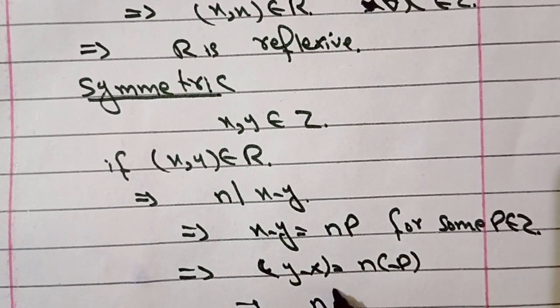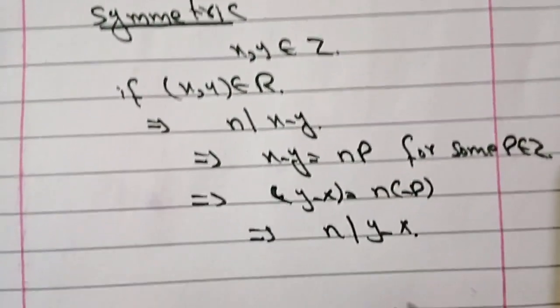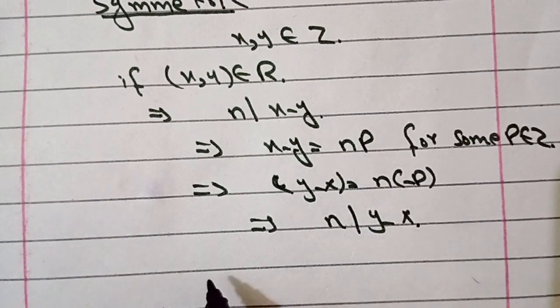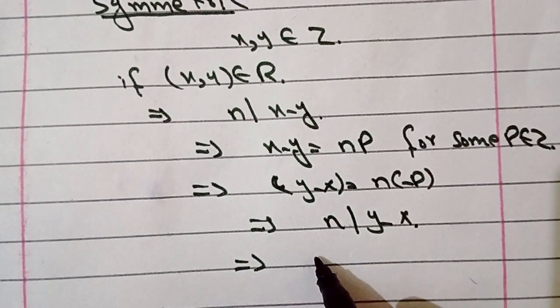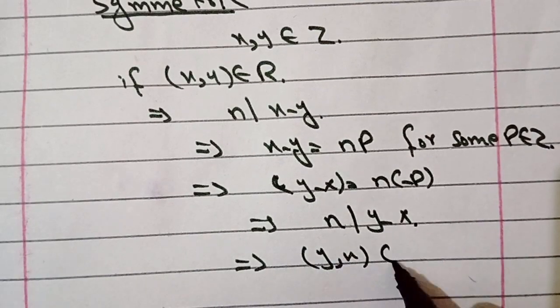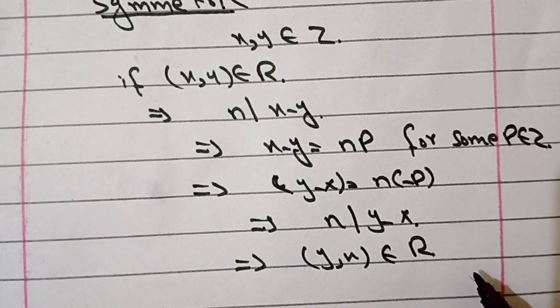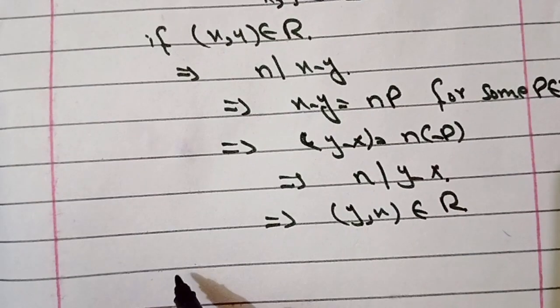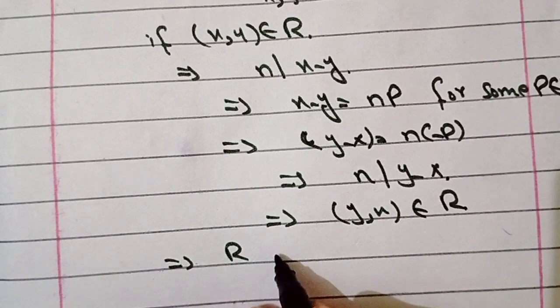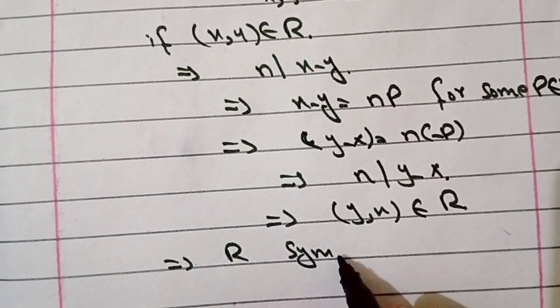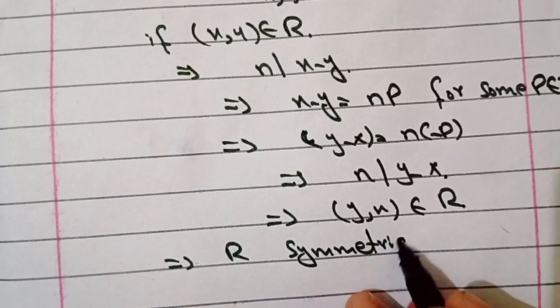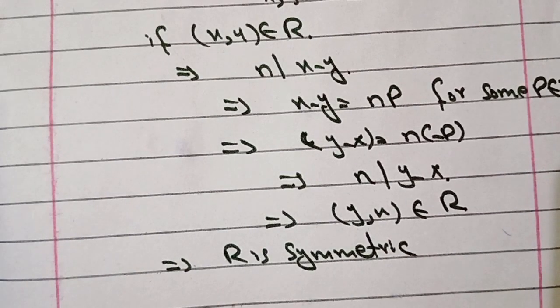This implies that n divides y minus x, and this implies that (y, x) belongs to the relation R. So here R satisfies the symmetric property. R is symmetric.